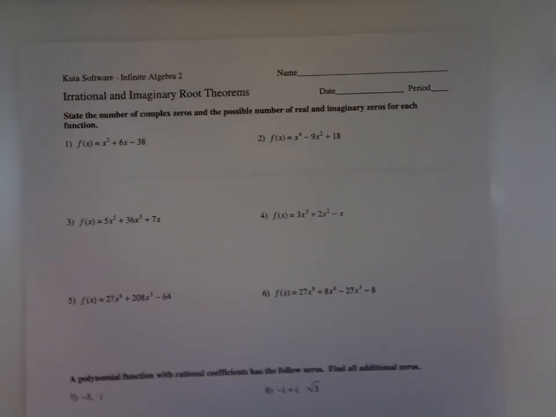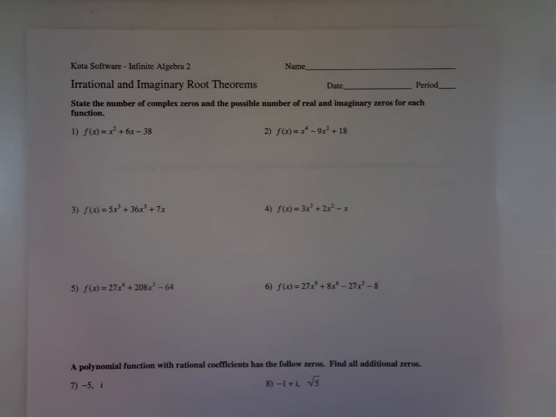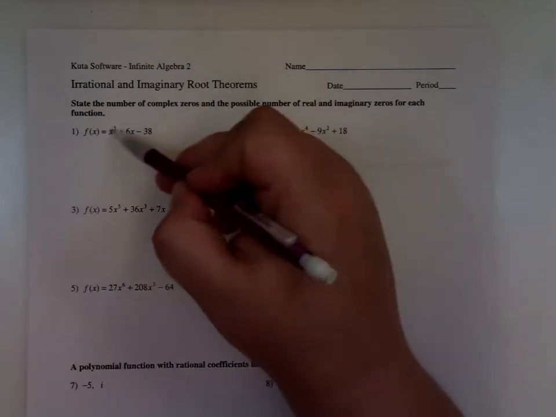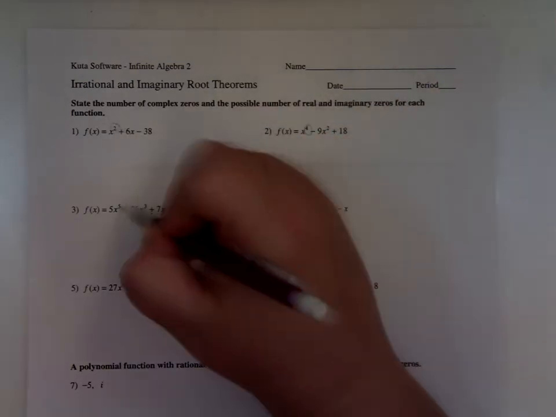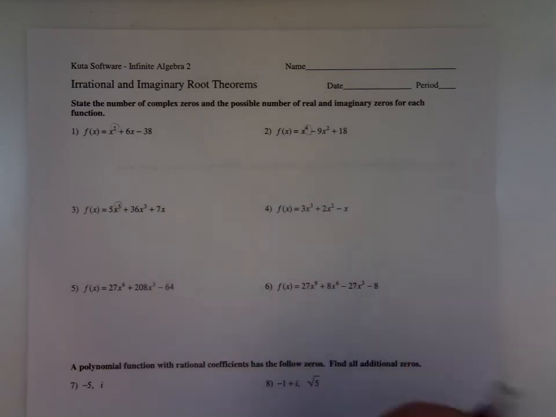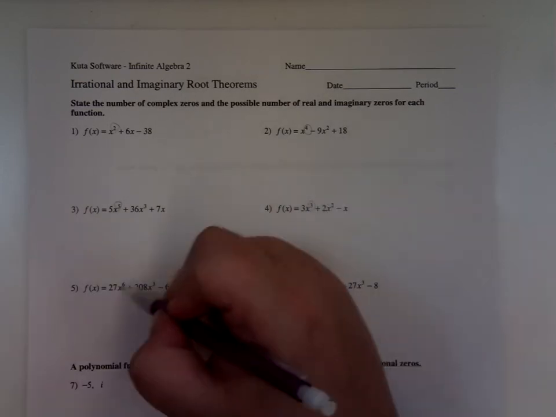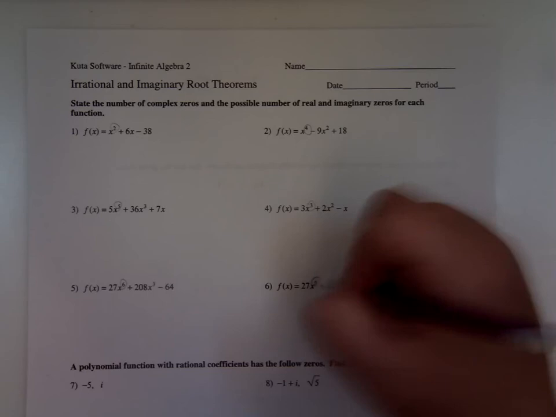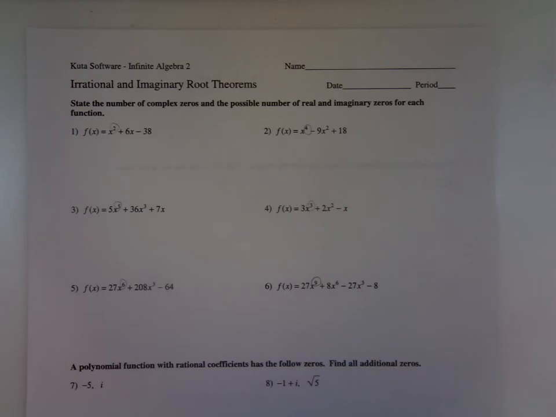Irrational and imaginary root theorems. So let's just take a look at what these theorems have to say. Basically, when we look at the highest degree of a polynomial, that's going to tell us how many total zeros it's going to have.